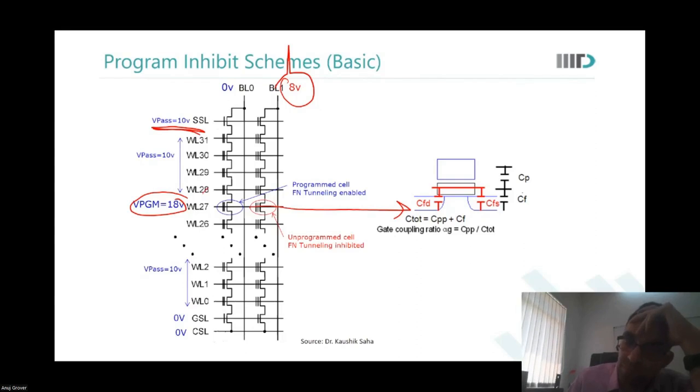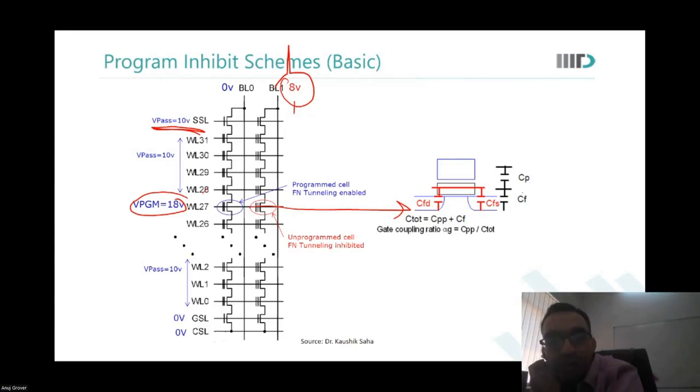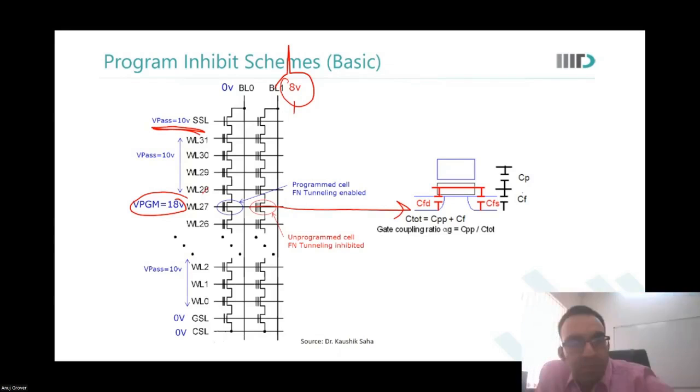The charges are conserved in the other column. When we apply this 8 volts over here, we in a way ensure that the bit lines, or the source and drain, which were left floating are not really floating then. They have a distinct voltage on them, and because of that, what happens?